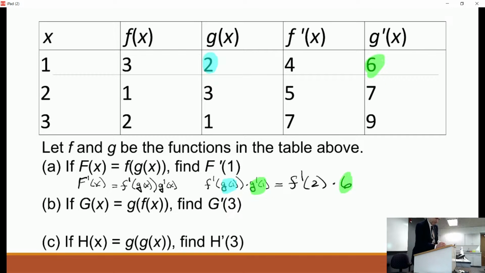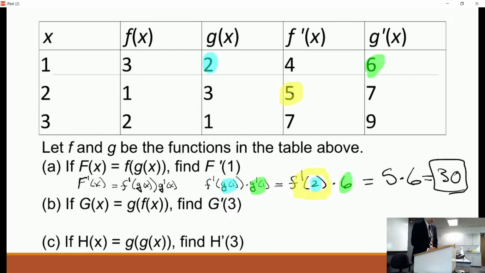So far so good. We're just taking the numbers directly from the table instead of computing functions like x squared. Now I need to know what f prime of 2 is, and it looks like f prime of 2 is 5. So this should equal 5 times 6, or 30.